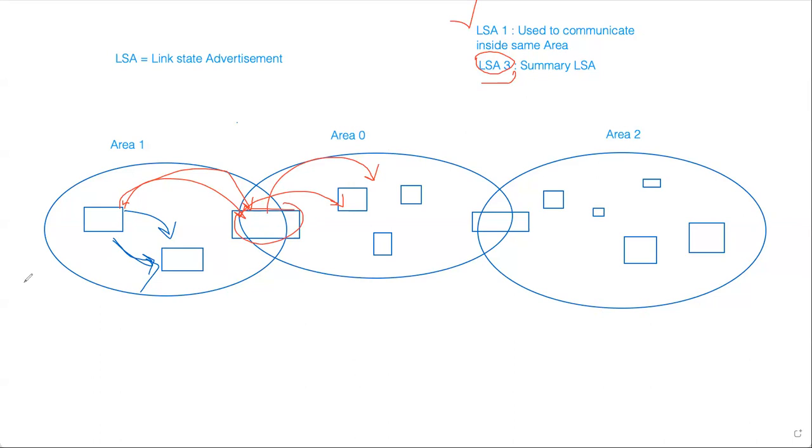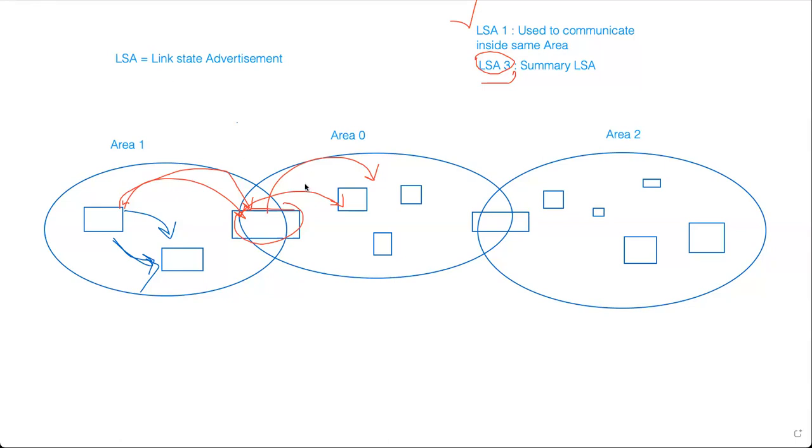But let's talk about LSA type 5. LSA type 5 is external link LSA. What is external link LSA? External link LSA means when there is a routing domain outside of OSPF that is present.